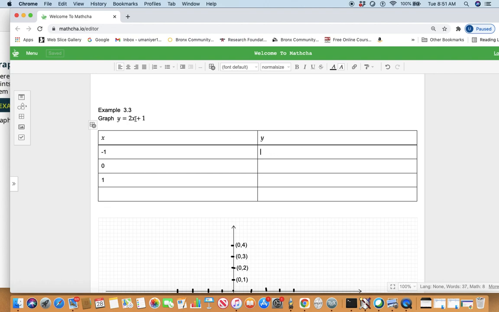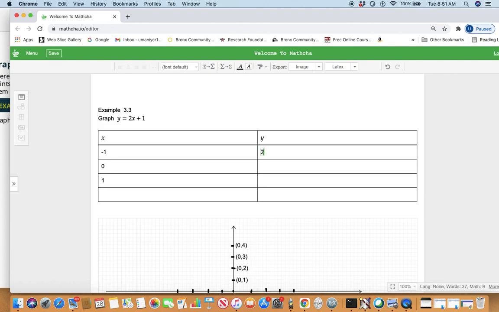Y is 2 times x plus 1. So it is 2 times negative 1 plus 1. 2 times negative 1 is negative 2, plus 1 is negative 1. The point here is x coordinate negative 1, y coordinate negative 1.